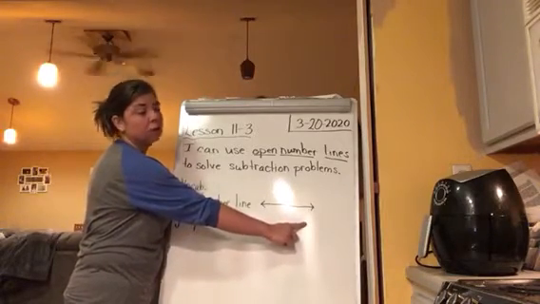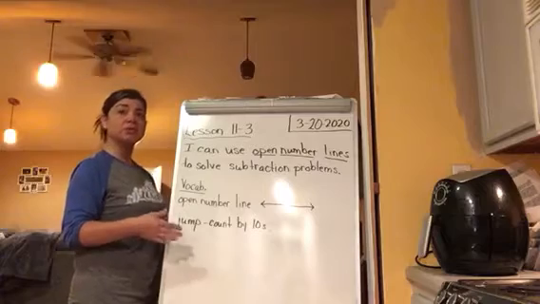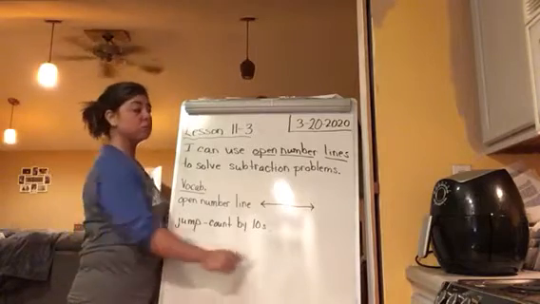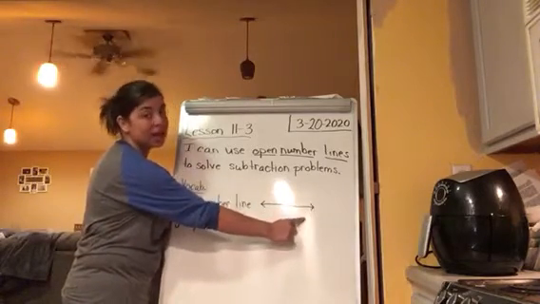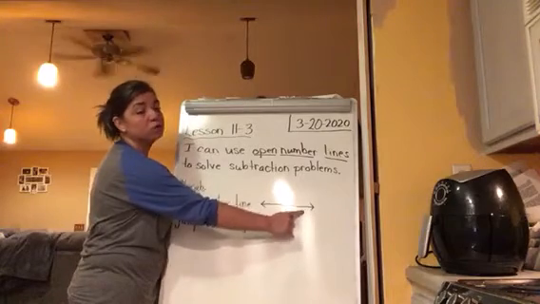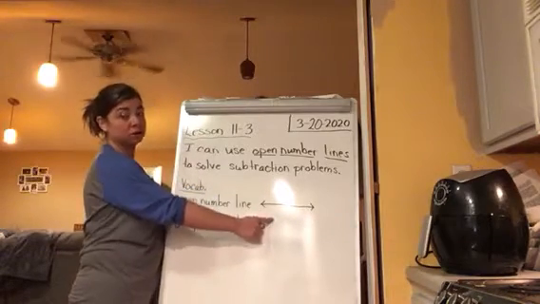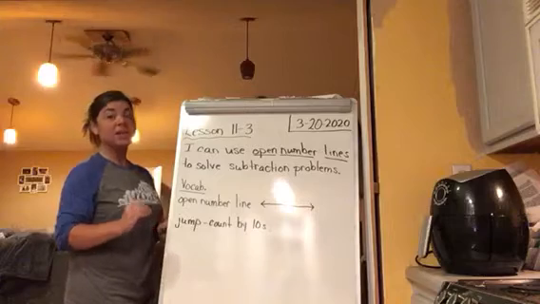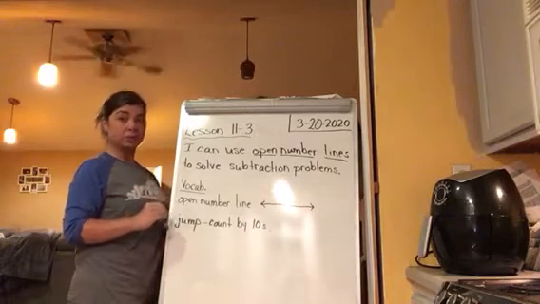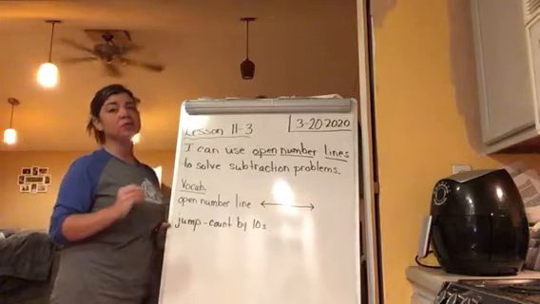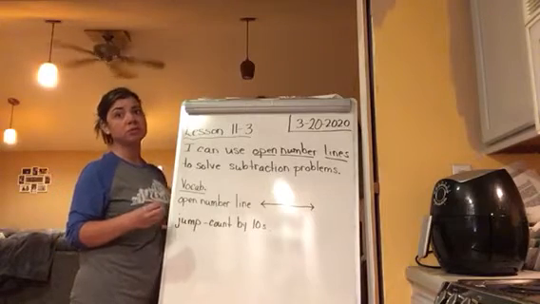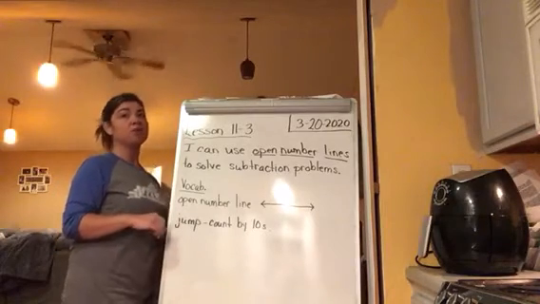Well, we're subtracting, so when you subtract, the numbers get smaller. So we're going to start on the right side of the number line, and we're going to count backwards. Counting backwards is very, very important when you're subtracting, because when you count backwards, the numbers get smaller. When you subtract, the numbers get smaller.